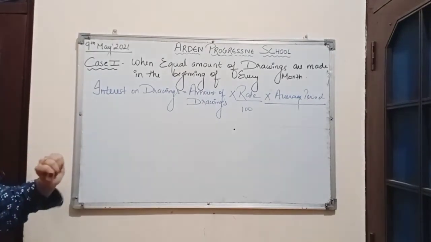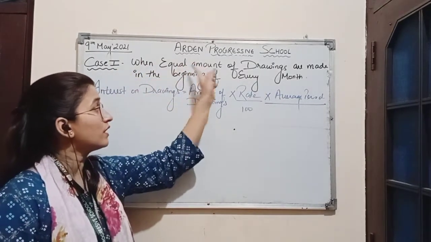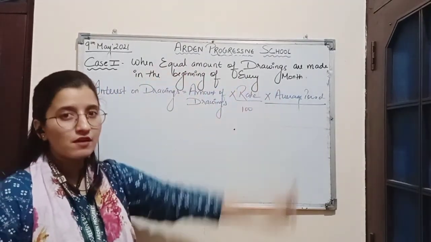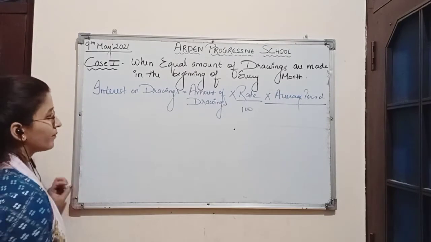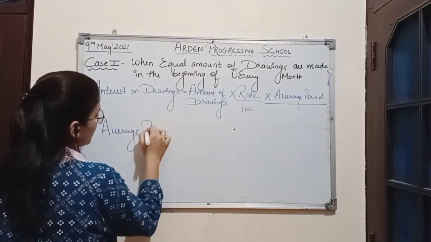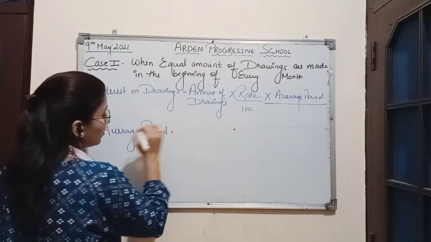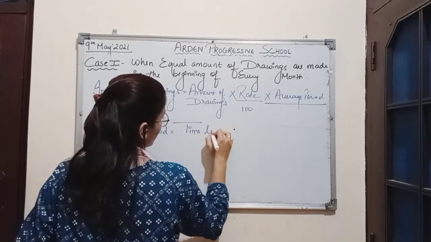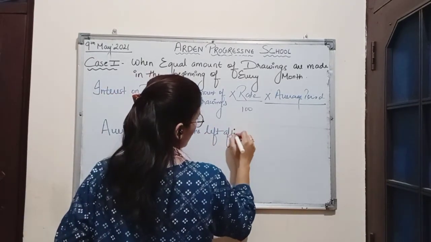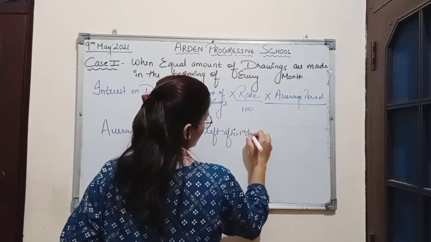Now, in this case, when the partner is withdrawing equal amounts of drawings in the beginning of every month, to calculate the average period we will first see the time left after the first drawing.